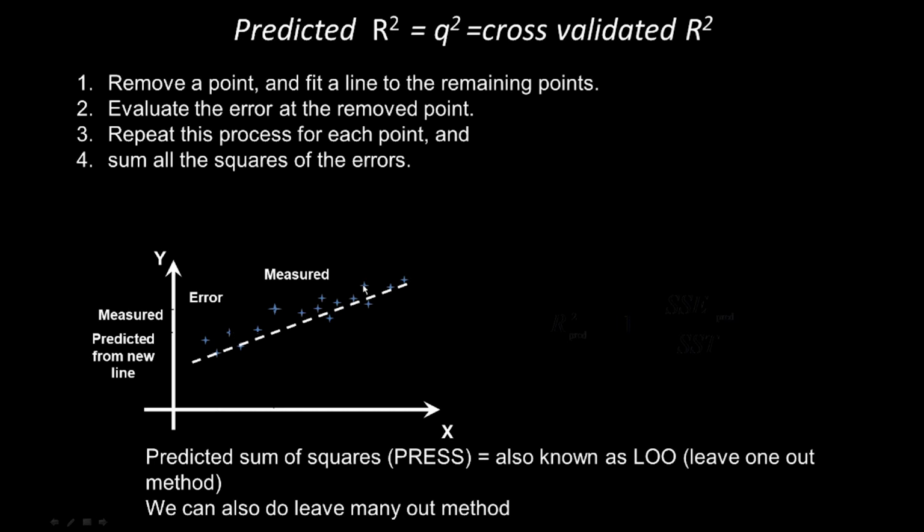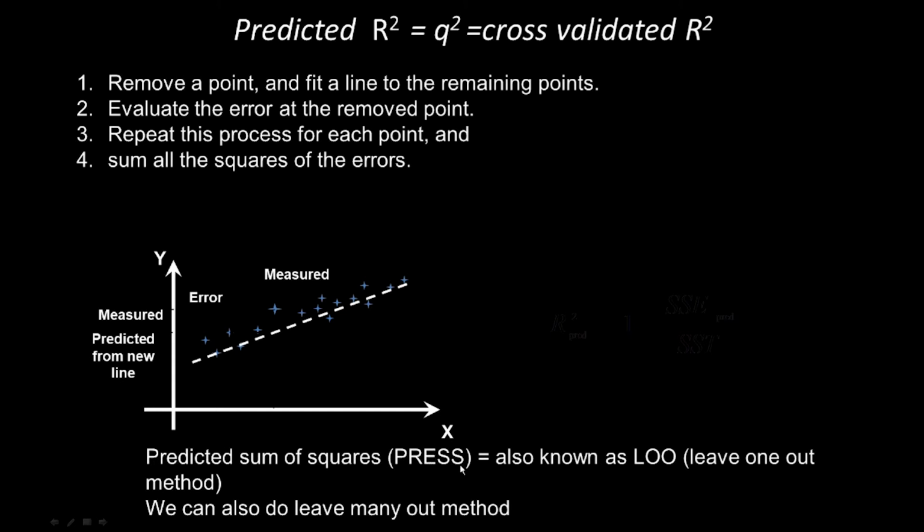Then you leave out another point, keeping the previously left out point, so again you will have n minus 1 points. You develop a regression model, predict the value for the left out point, get the error, and square it. Like that you repeat for all the n points and add up all the squared errors. That is called PRESS, the predicted sum of squares.